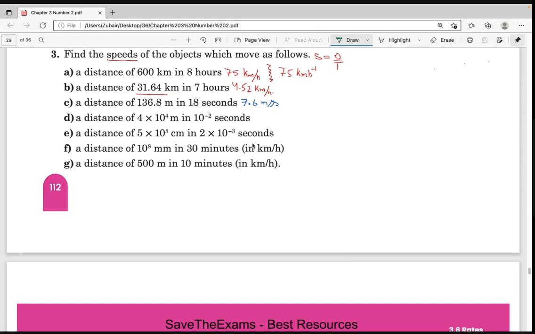4 multiply 10 power 6. Aris, I'm getting 4 multiplied 10 power 5. See, this is 4 into 10 raised to 4 divided by 10 raised to minus 2.